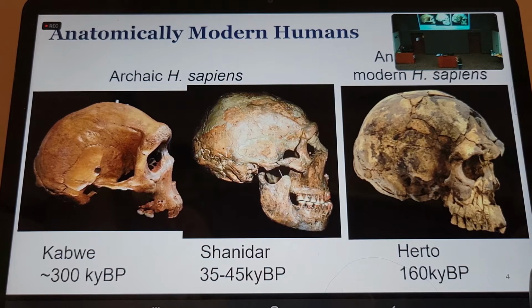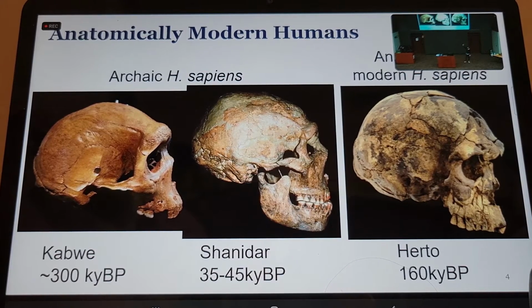It dates to 35 to 45,000 years ago. So what this means is that we have anatomically modern humans evolving. We have a speciation event, probably in Africa, that gives rise to these anatomically modern humans, while Neanderthals are still living across the landscape.